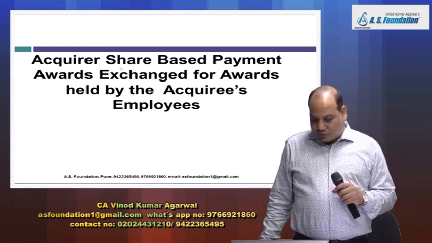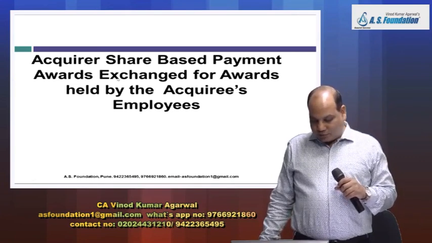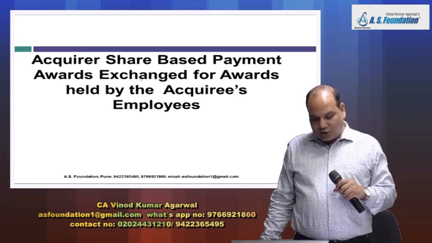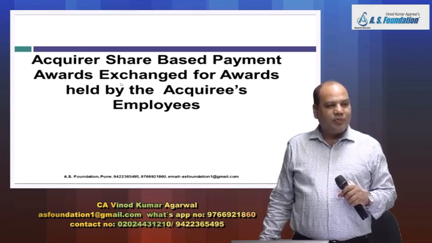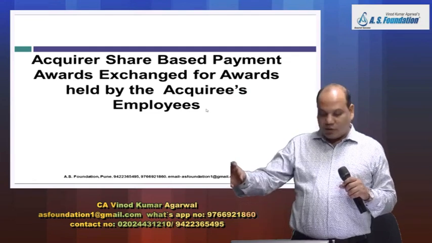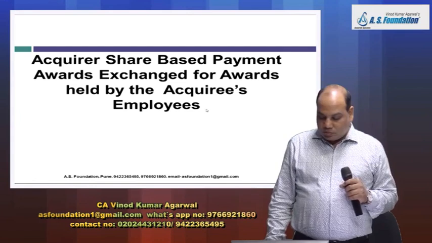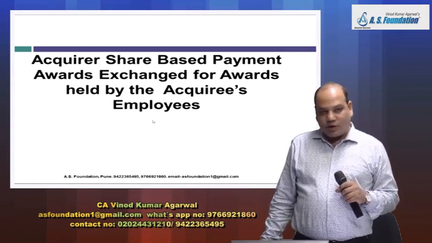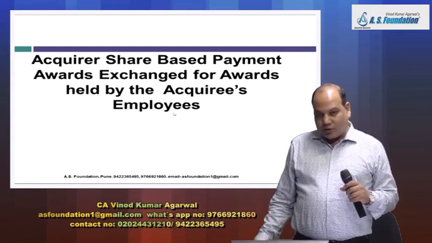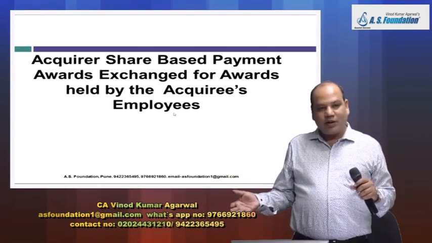So normally what will happen, this acquirer company will exchange its own share based payment award with the share based payment award of the acquiree. Understood? Because these employees will get agitated otherwise. He will say, I have worked so hard. Last 3 years I have been working hard.